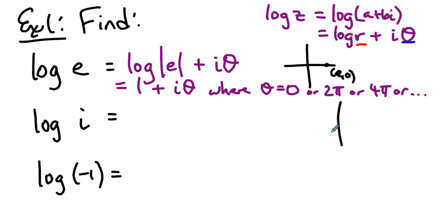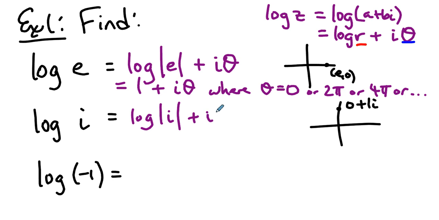Where's i in the complex plane? Here's i in the complex plane, right? That's 0 plus 1i. So when we find the log of i, that's the log of the absolute value of i, the distance i is from the origin in the complex plane, plus i theta.